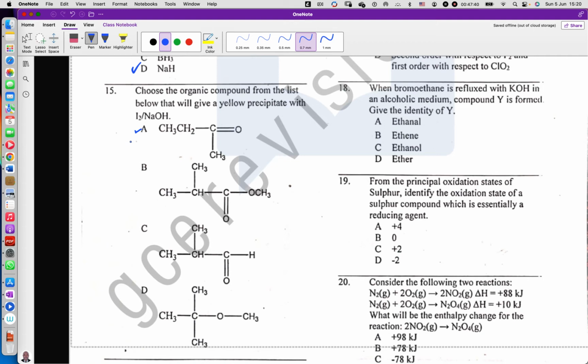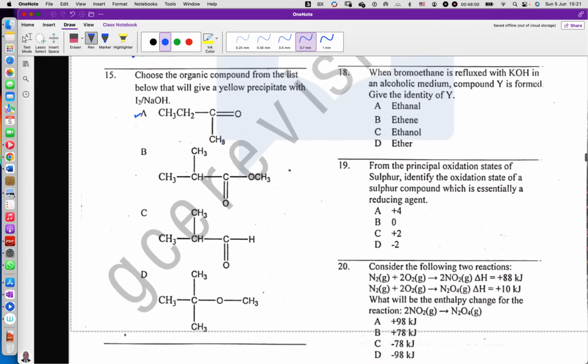So A is the right answer. And the real name of A is butan-2-one. 1, 2, 3, 4. Butan-2-one. So it's a ketone.